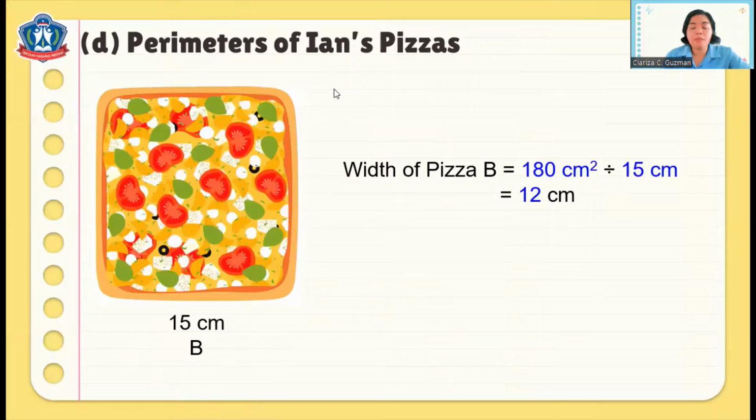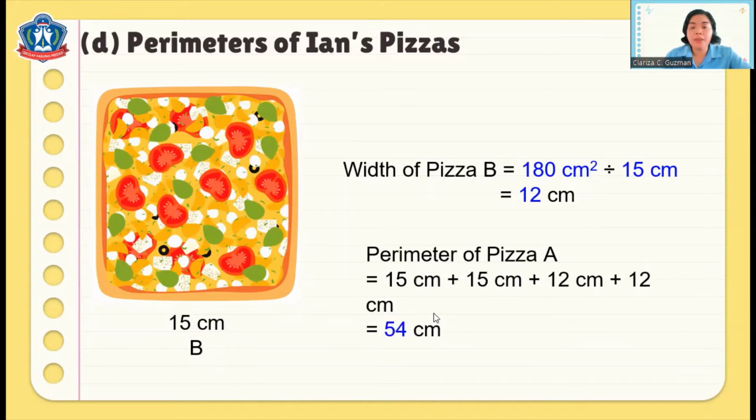Again, it has the same area, which is 180 square centimeters, but one side is only 15. So what is the dimension of the other side? We just divide by 15, so we can get 12. Therefore, the other side is 12. So to get the perimeter, we will add 15 plus 15 plus 12 plus 12, and we will get 54. So the perimeter of the second pizza is 54 centimeters.